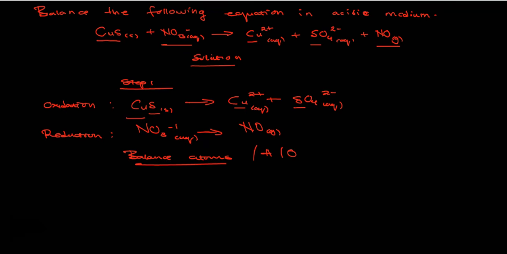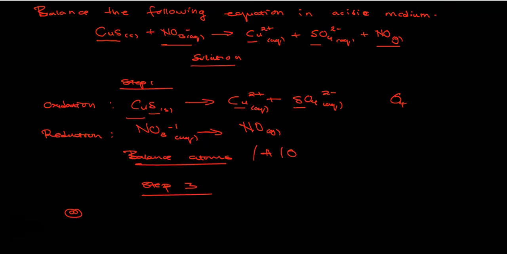Let's now balance oxygen. Our step 3: we balance oxygen. So this is our first. To balance oxygen, we are going to add water. In this we have how many oxygen? We have 4.